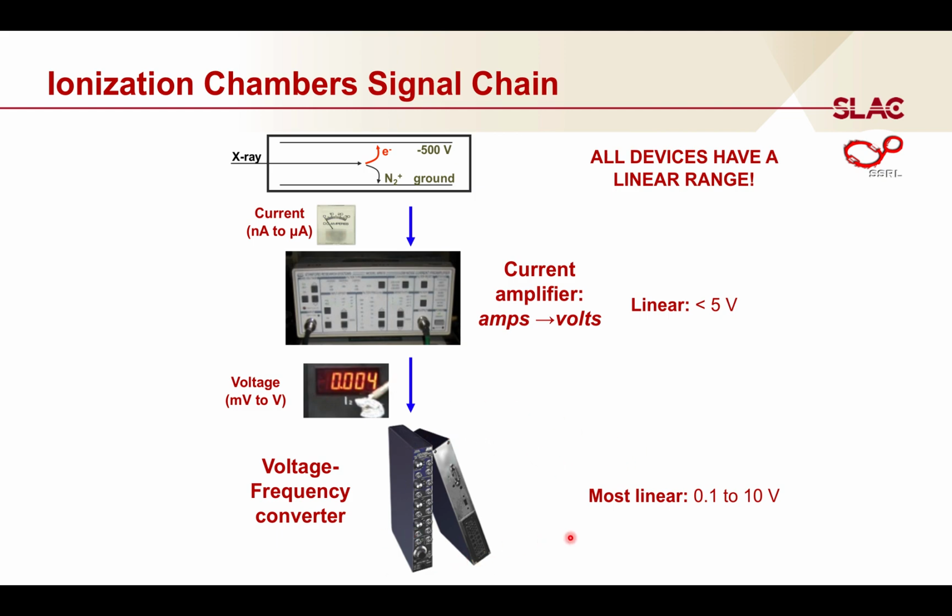These voltage to frequency converters are most linear between 0.1 and 10 volts. If you go above 10 volts, you'll also flatline, but most people don't know it, in fact, because these current amplifiers are more sensitive. They're flatlining above 5 volts.